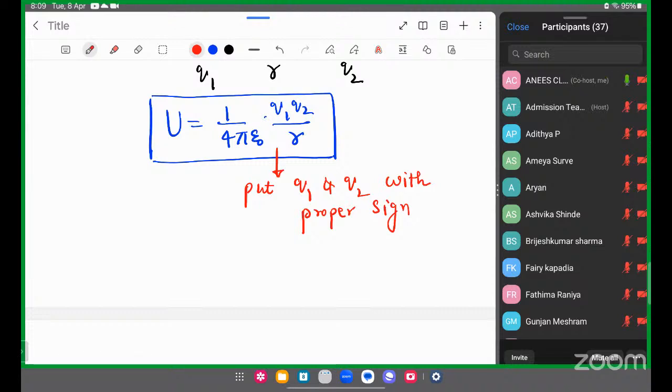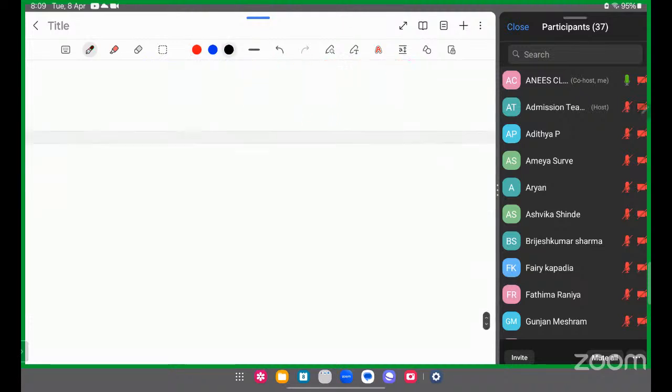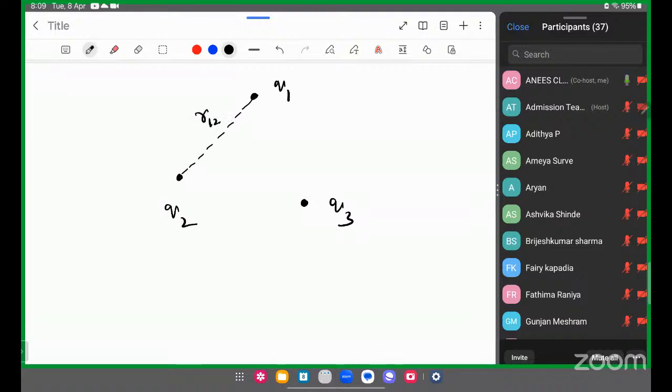Now, if we have 3 point charges, how will you find the potential energy of this system? There are 3 point charges Q1, Q2, and Q3 at different distances. Let's say this is the distance between charges 1 and 2, this is the distance between charges 2 and 3, and this is the distance between charges 3 and 1.